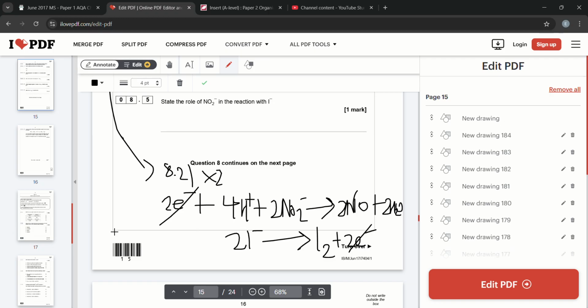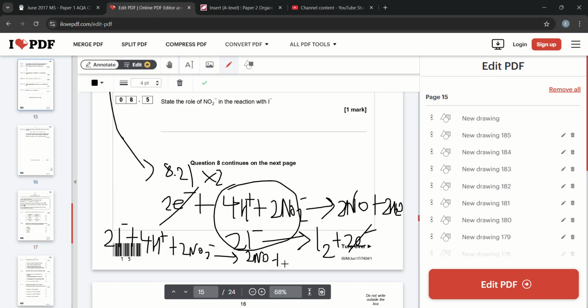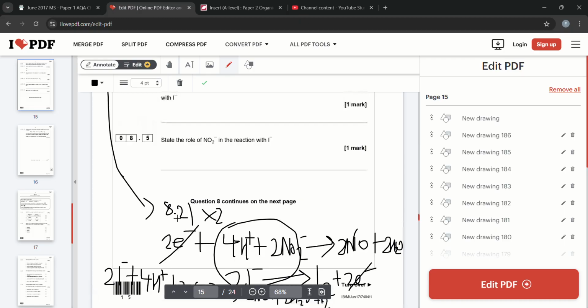So 2I minus plus 4H plus plus 2NO2 minus arrow 2NO plus 2H2O plus I2. Can you divide by 2? I thought we would, but there aren't 2 moles of iodine, so we can't.